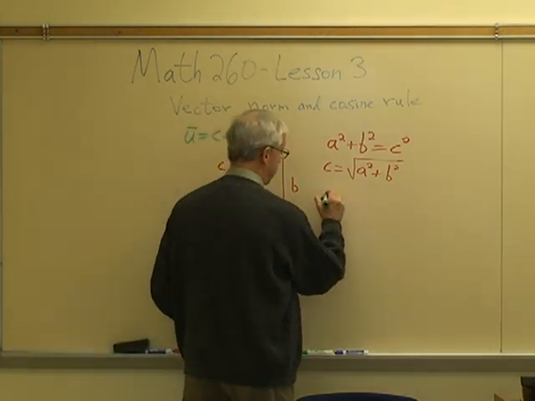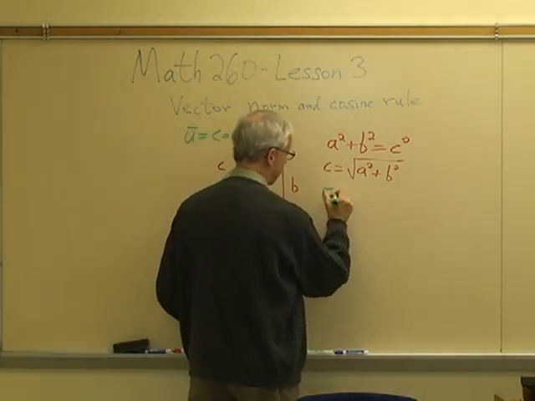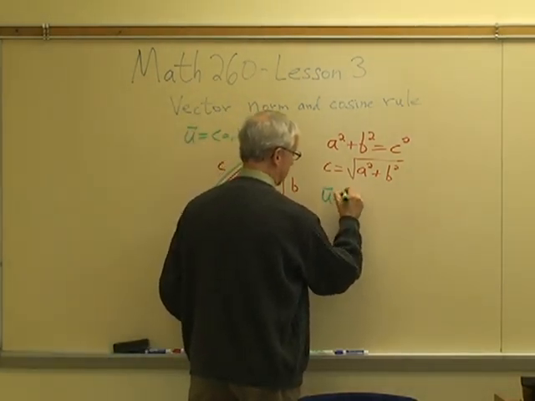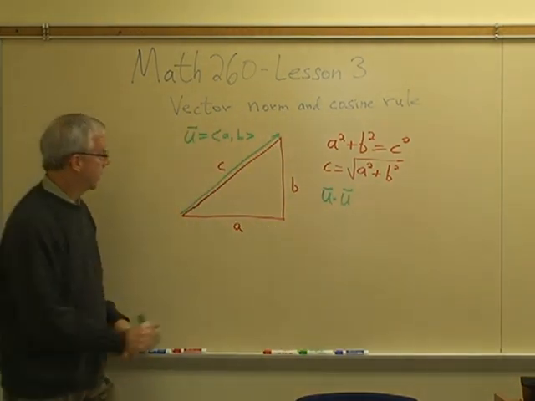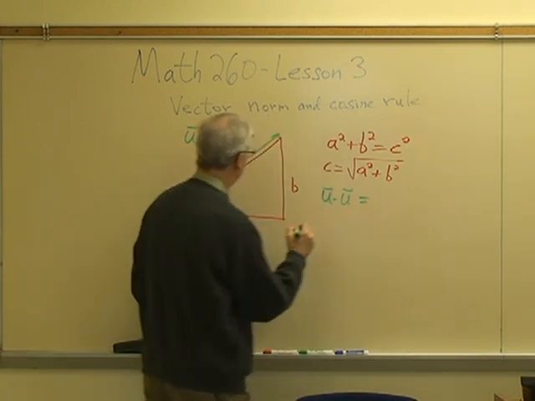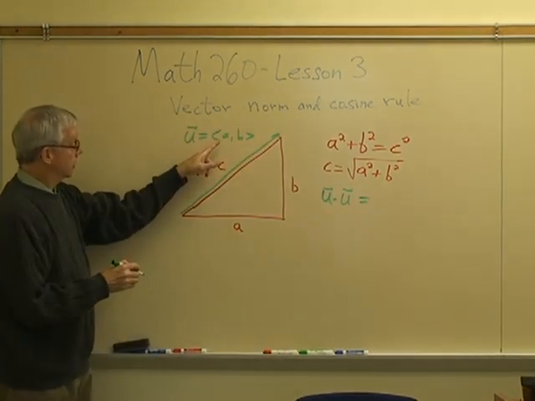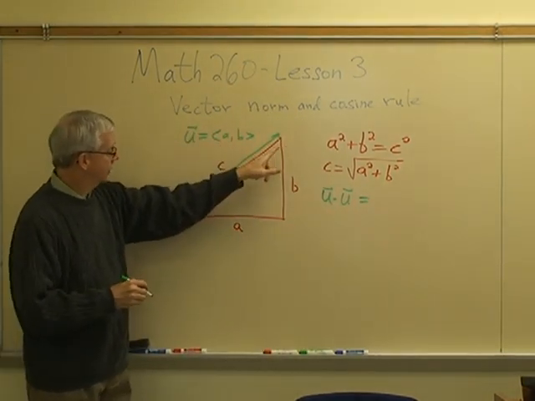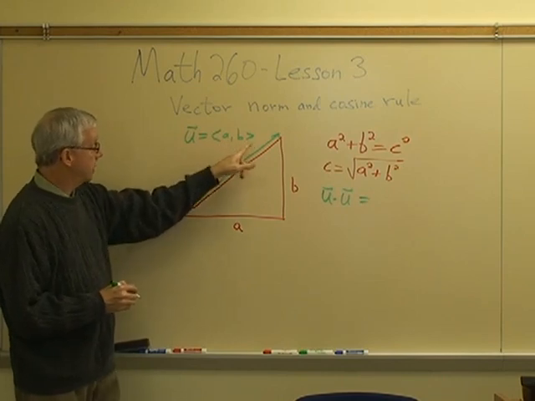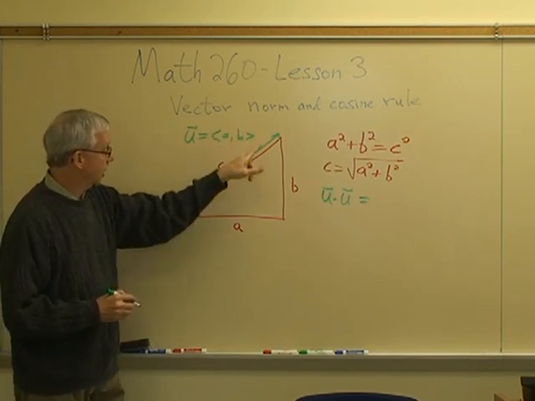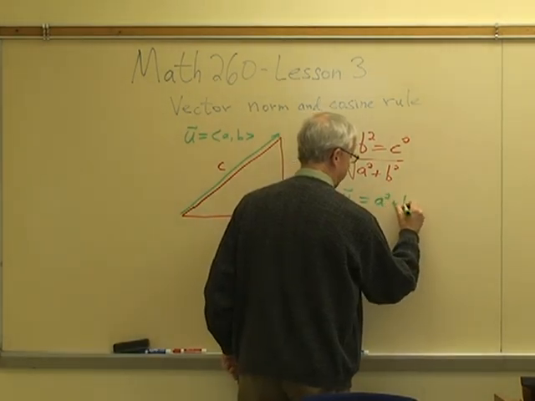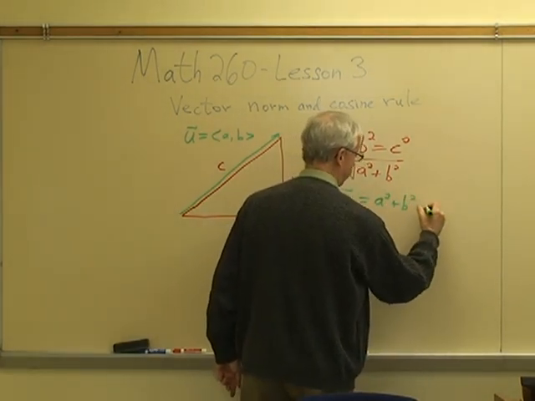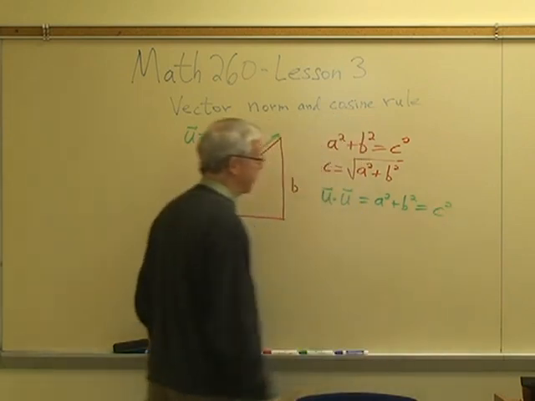Notice if I take U dot U, where U is this vector with elements A and B, then what do I get? Well, U dot U is A times A plus B times B, the sum of the products of the corresponding elements, or in other words, A squared plus B squared, which is C squared by Pythagoras.